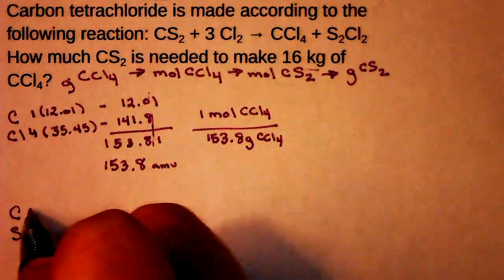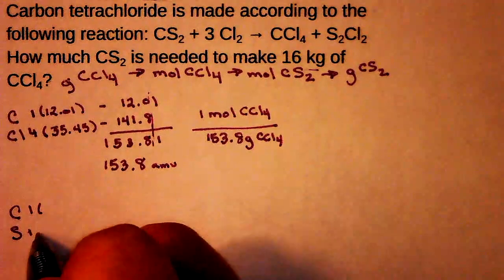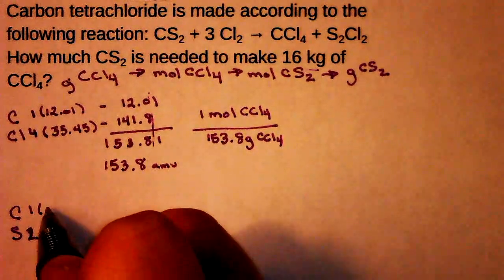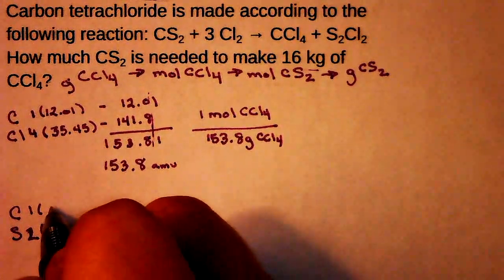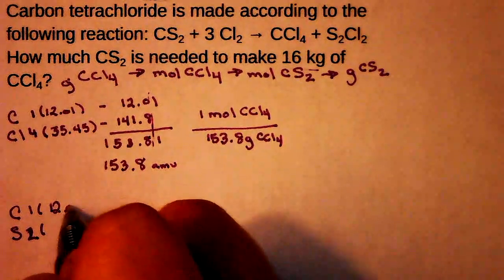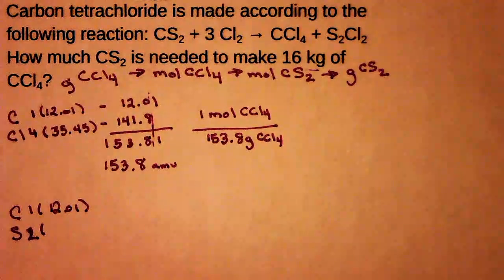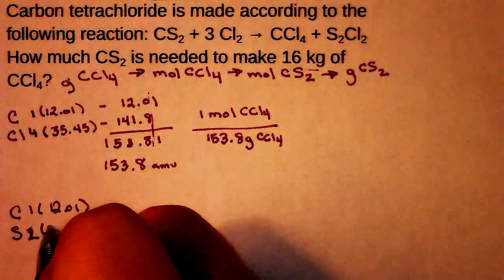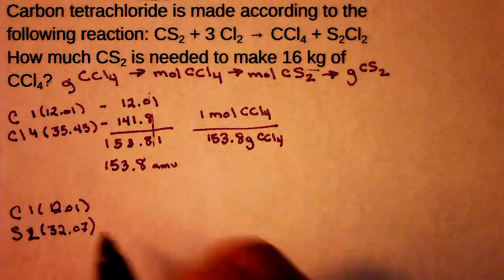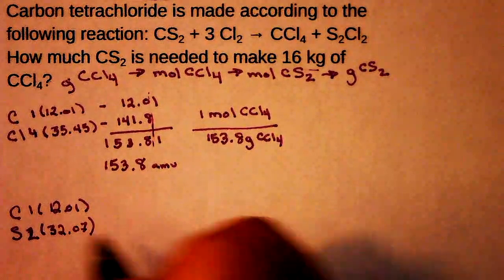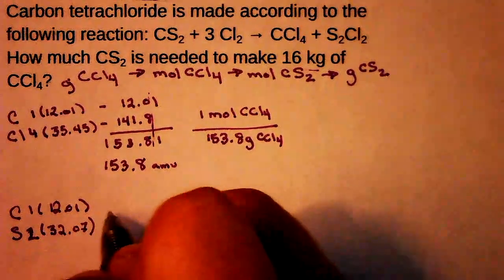Let's go ahead and get CS2 out of the way. We've got one atom of carbon there and 2 of sulfur. So carbon, 12.01. Why don't I remember sulfur off the top of my head? Let's look, 32.07. I don't have them all memorized either, people. Some of them come more frequently, so you memorize those.